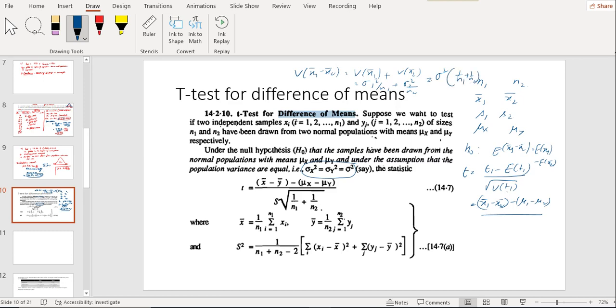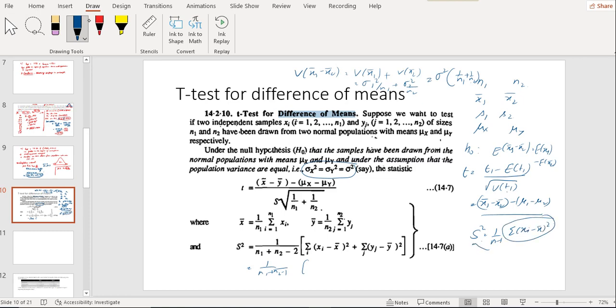But because the population standard deviation is unknown in the cases of the small sample test, so in this case we have to use an unbiased estimator of sigma square. Okay, so in this case we are going to use the estimator as capital S square equal to 1 upon n1 plus n2 minus 1. If you remember that the formula of S square is 1 upon n minus 1 summation xi minus x bar square.